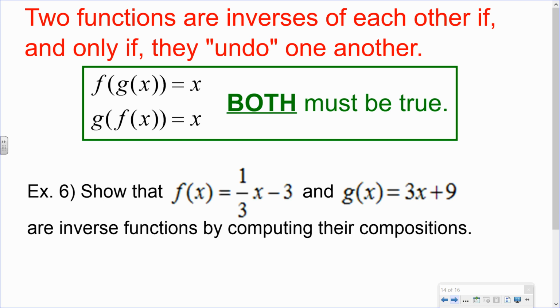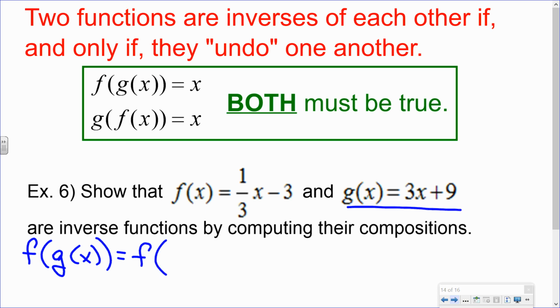So I need for you to do f of g of x. So you're going to label, that's what you're doing. So that is f of, and g of x is this 3x plus 9. So I'm going to put 3x plus 9 into the rule for f.